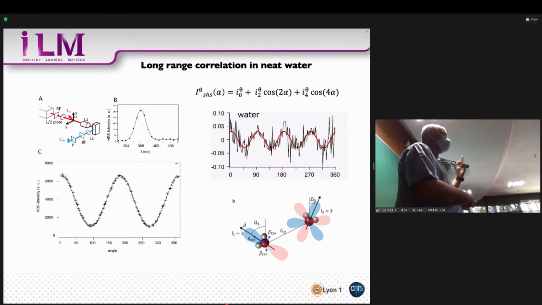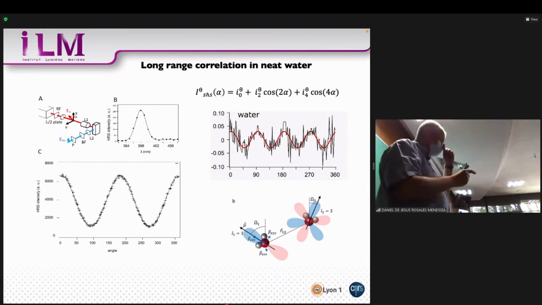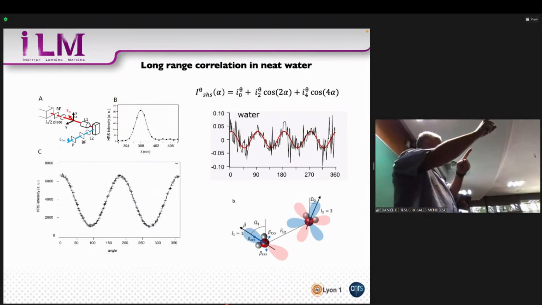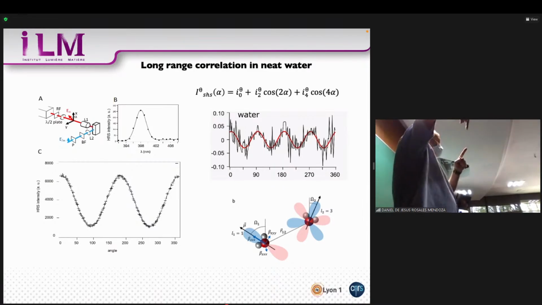Why is there some correlation of molecules? It is the fact that a water molecule has a dipole. So its neighbor cannot be randomly oriented, because two dipoles want to be à la queue leu leu, in French. I don't know how you would say this in Spanish, but they would be like this. This one doesn't want to be like this, it wants to be like this.